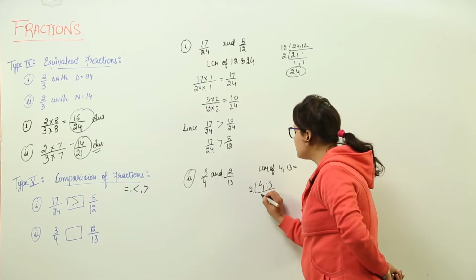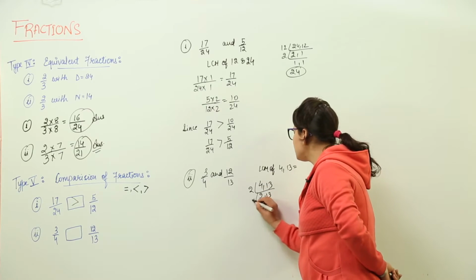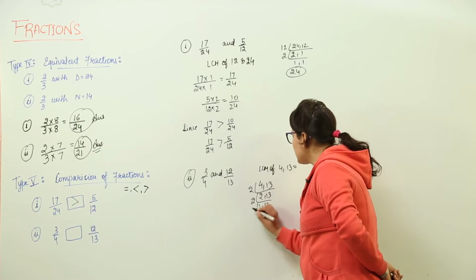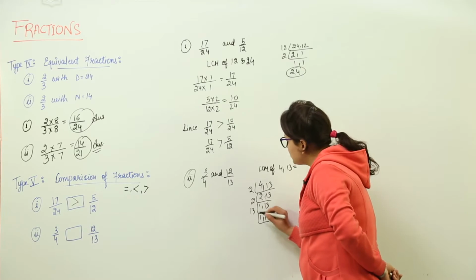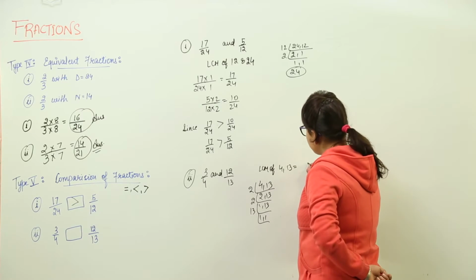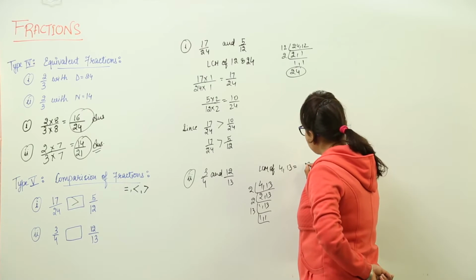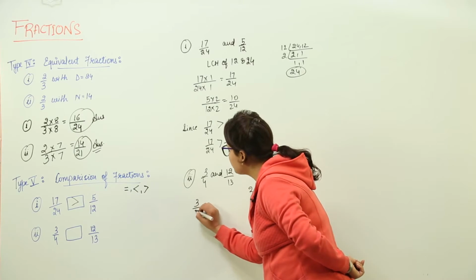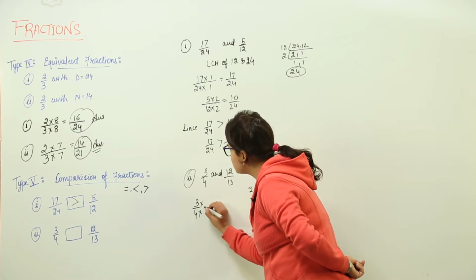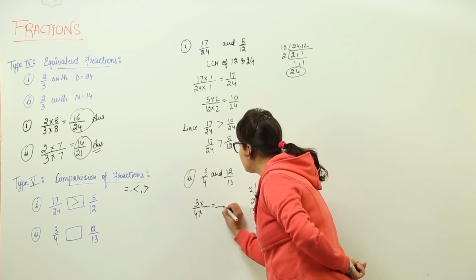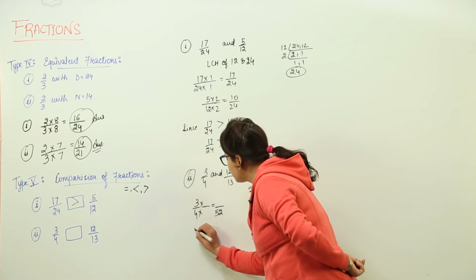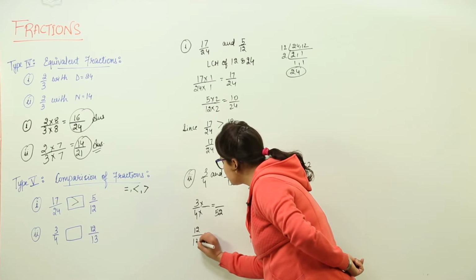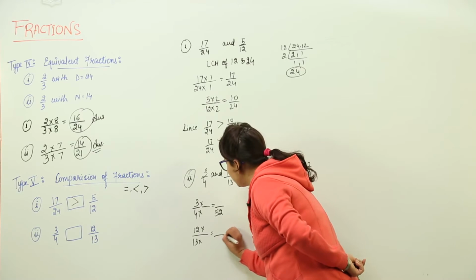Let us check. 2 2s are 4, 13 2s are 26, and so on. The LCM comes out as 52. So that means we have to convert the fractions such that their denominators come out equal to 52.